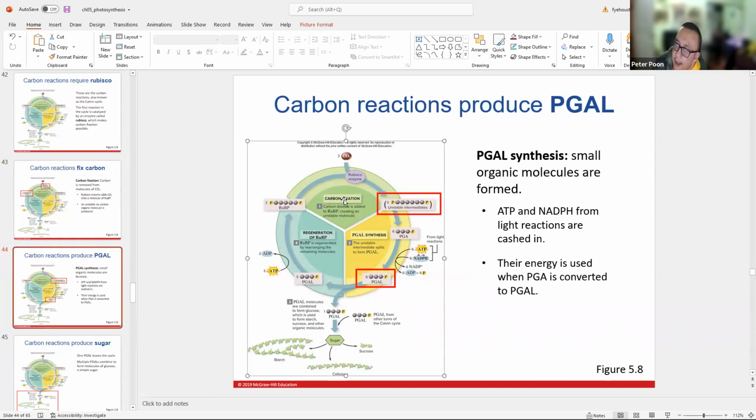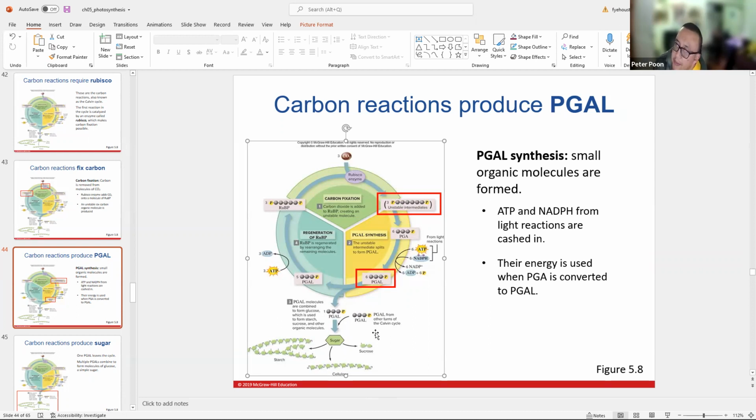I use it to make PGAL. I take three carbons and turn them into one PGAL, which is one 3-carbon molecule.